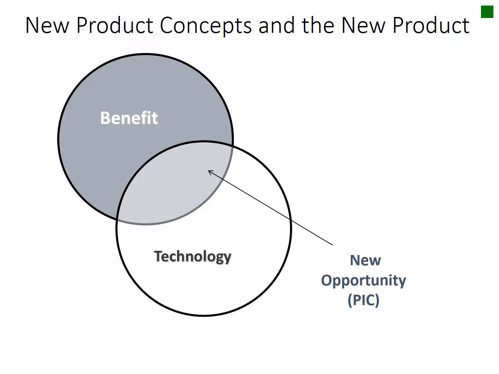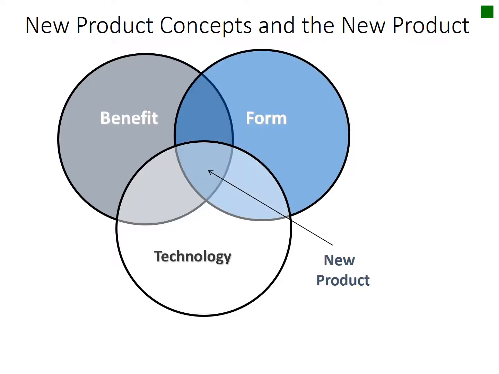So let's move this one step further and complete this so that we can move a product concept forward. What we're going to do is add something that we call form. The form is oftentimes the physical element or the physical encapsulation of the product that delivers a benefit and contains the technology that we have.